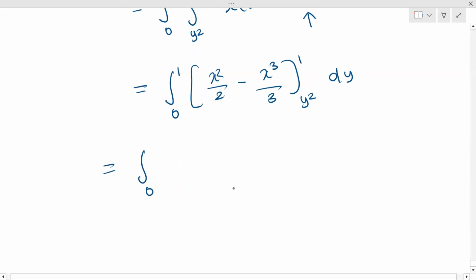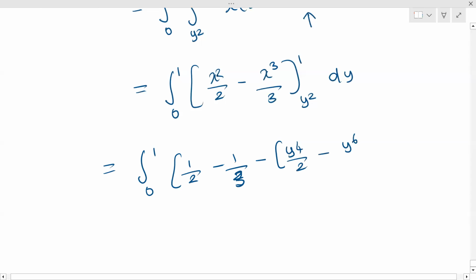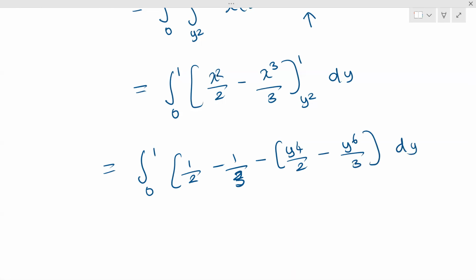So 0 to 1, apply the limit. So the upper limit is 1 by 2 minus 1 by 3. Now apply the lower limit. What is the lower limit? y square. Substitute y square for x means we will get y power 4 by 2 minus y power 6 by 3, into dy.